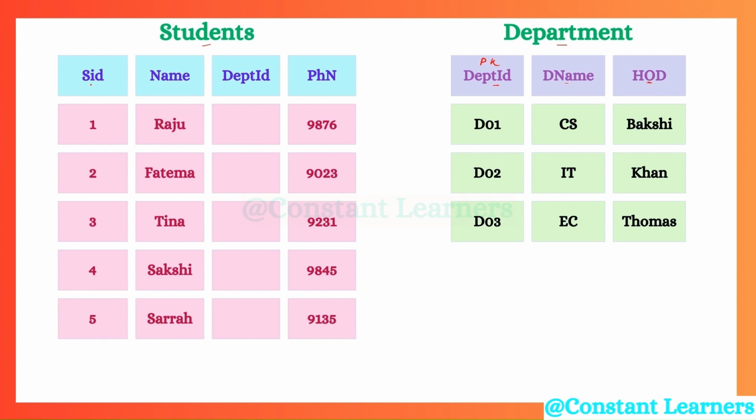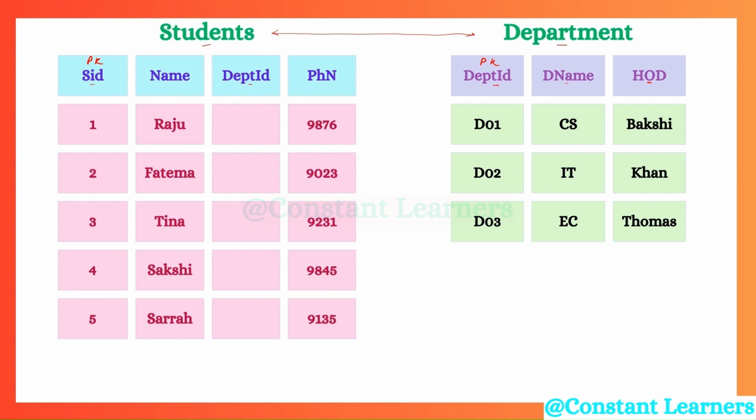And in the students table, we have the student ID as the primary key. We have the student name and their phone number. Now, we need to link these two tables together, in a form that we need to notify which student is studying in which department, right?